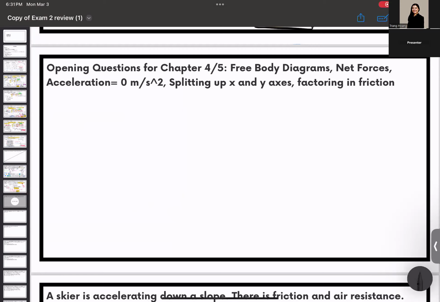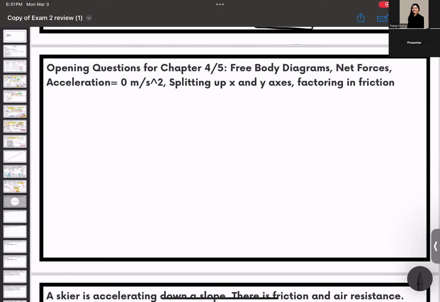Not just kinematics, but kinematics teaches you how to split up these X and Y axes, which is why it's so important to master that before you move on to chapters 4 and 5 and go with forces, because it all builds on top of each other. Everything you learn about vector addition happens again when you're solving for F-net along an axis and free body diagrams with chapters 4 and 5. So what you need to know this chapter is how to make a free body diagram, and that includes being able to find systems, what defines the system, what's in that particular system.